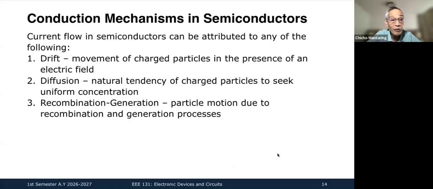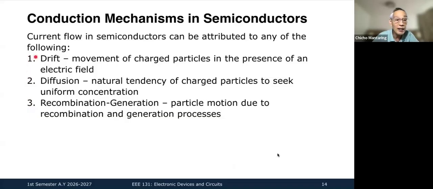Now, this movement of carriers can be attributed to one of three possible mechanisms. The first is drift. The second is diffusion. The third is recombination generation. We're going to take up 1 and 2 in some detail, and we're going to touch on 3. We're not going to dwell on 3, just introduce you to the concepts involved here. But 1 and 2, we will take up in some detail.